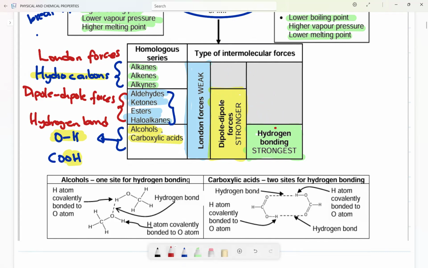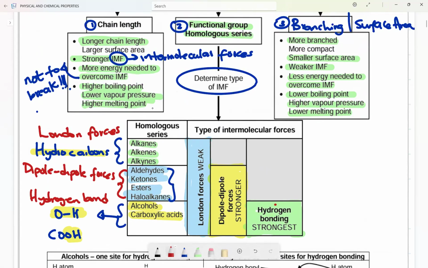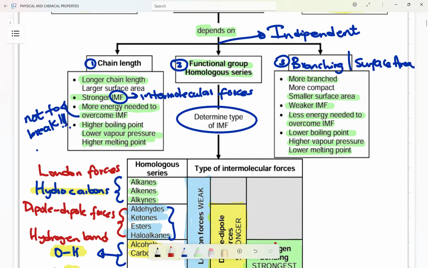But now, the question is, what if I compare between London forces? It means now I should come here. It's either I'm going to talk about the chain length or the branching.